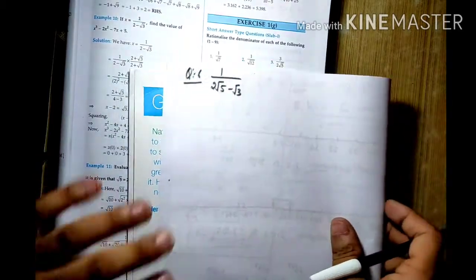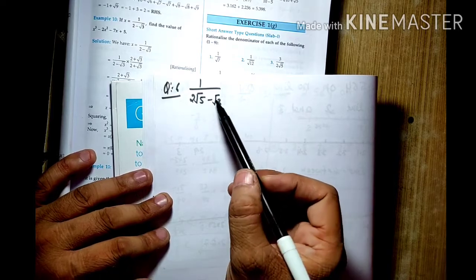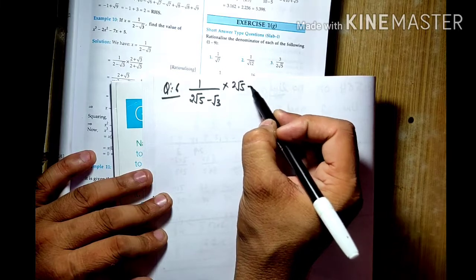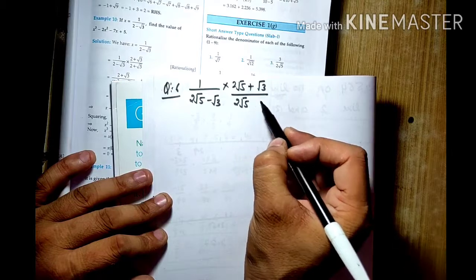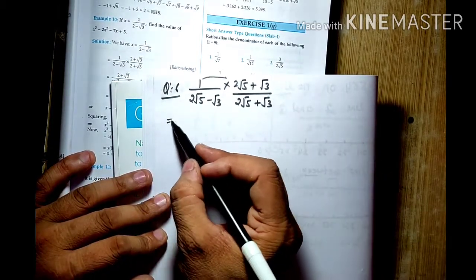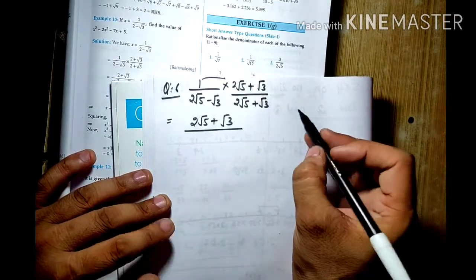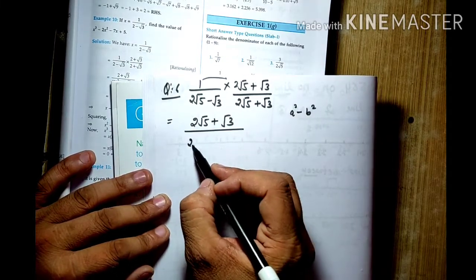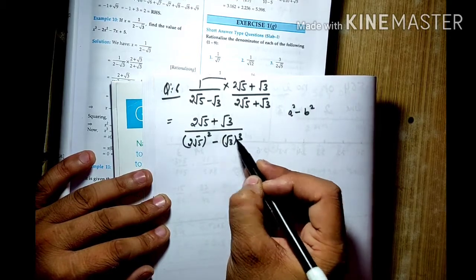As we can see, we have to multiply and divide by the conjugate of the denominator, which will be 2 root 5 plus root 3 upon 2 root 5 plus root 3. Multiplying 1 by 2 root 5 plus root 3 gives 2 root 5 plus root 3, and in the denominator it will become a square minus b square, so 2 root 5 whole square minus root 3 whole square.